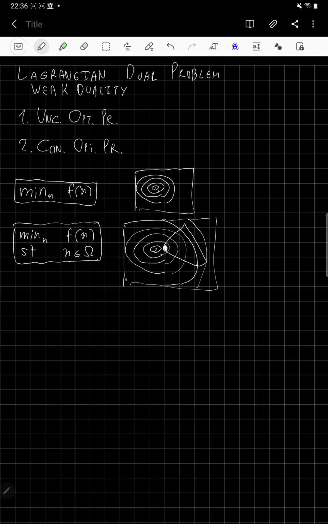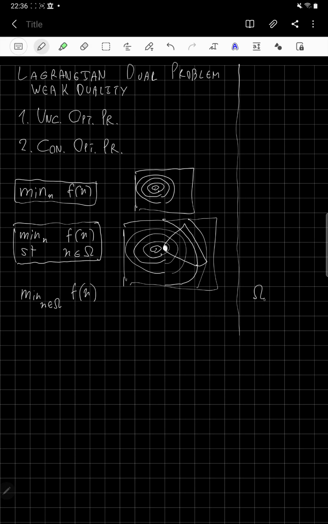That's the minimizer. And the minimum would be attained at the minimizer, of course. Okay, so that's what constraint optimization means. We're basically trying to find, another way of writing this is find the minimum for x belonging in omega, the minimum of f of x.